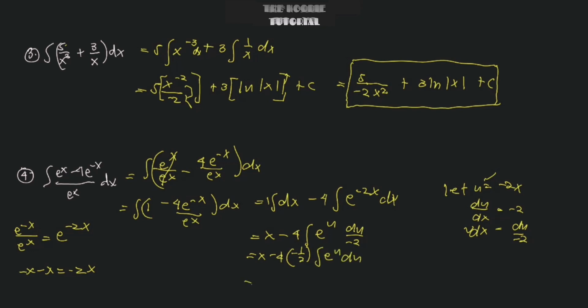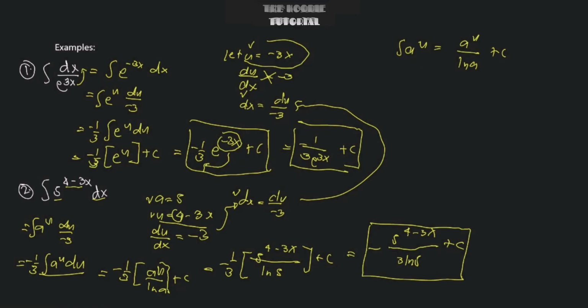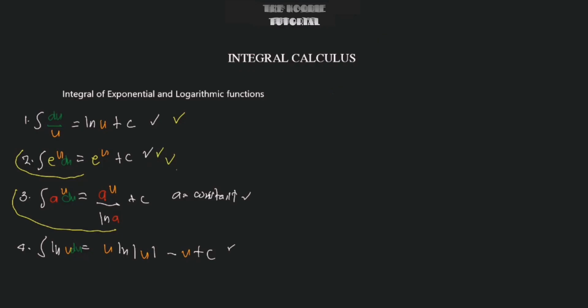Simplifying even further, we have x, and this will become positive 2, because negative 4 multiplied by negative 1/2: they have the same sign, which is negative, so it becomes positive, and 4 divided by 2 is just 2. And then what is the integration of this form? Going back to our rules, that is rule number 2.